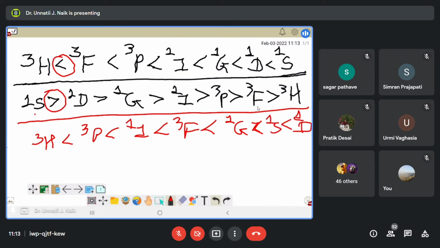So this is not the correct answer. So remember this thing, H F P, because when we are starting with this arrangement, you have to remember this order of the terms, and according to it, you will be able to give the answer, right?